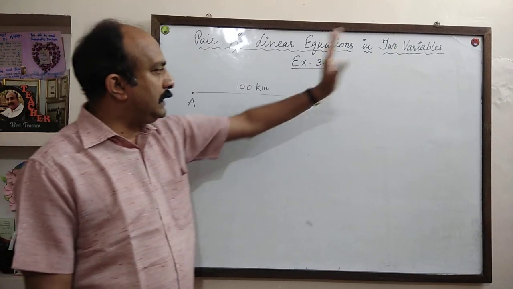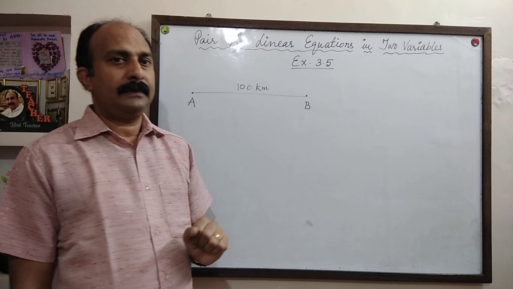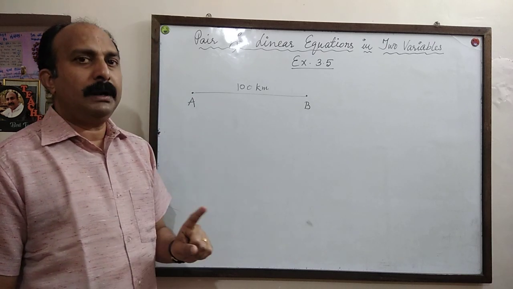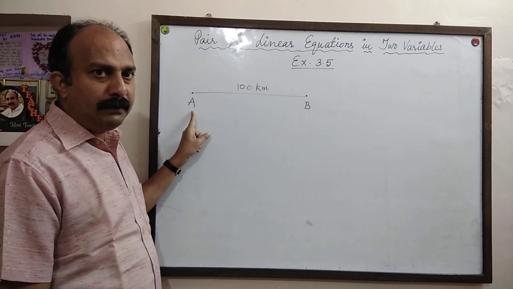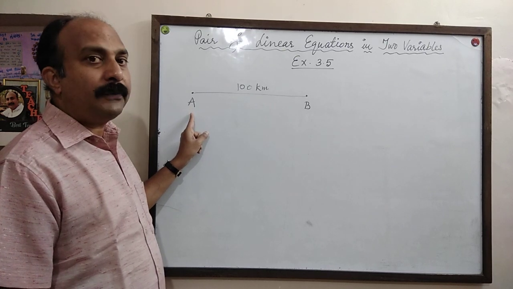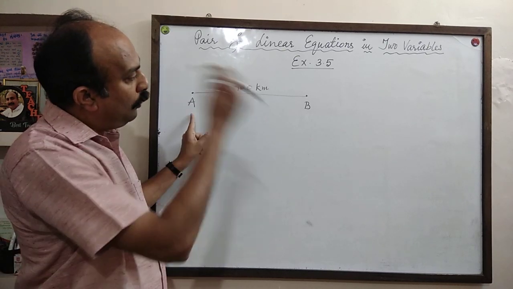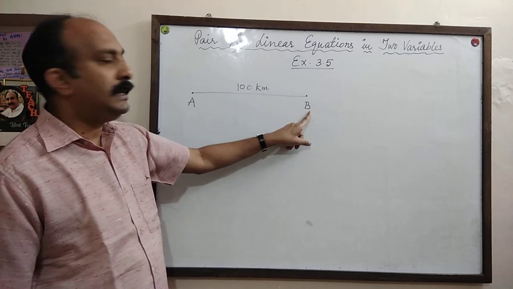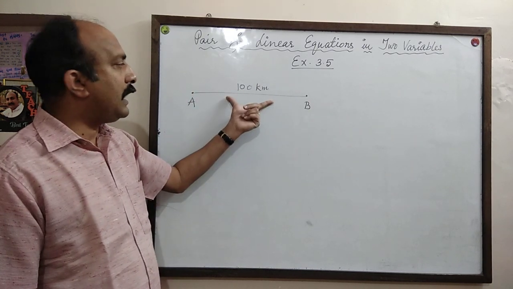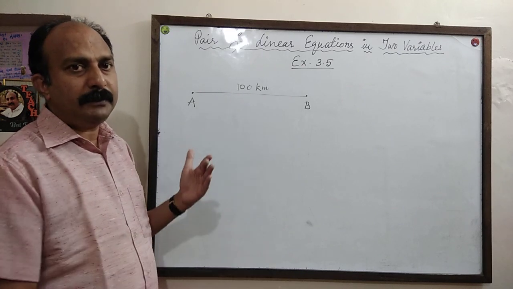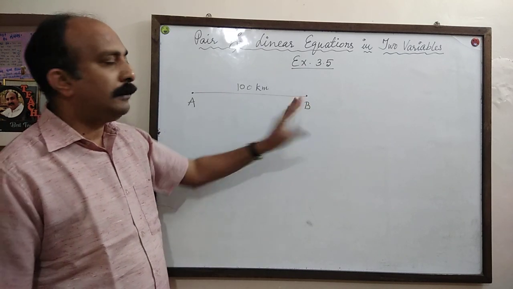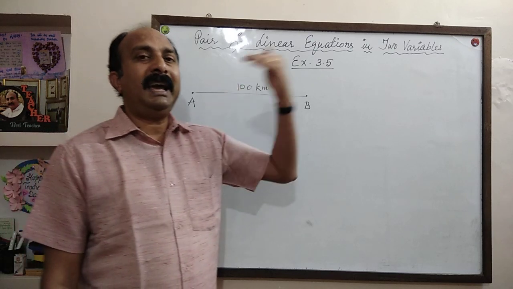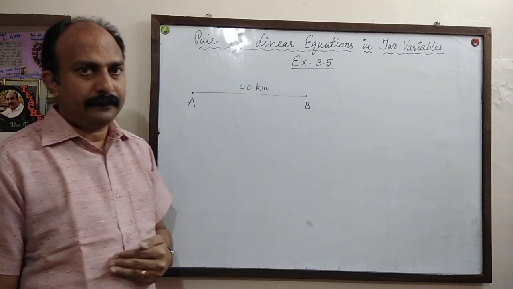Since they are meeting after 5 hours, point number 1, you must remember the speed of car A will be more than that of car B. Then only this car can meet this car, because they are 100 km apart from each other now. That means car B is 100 km ahead of car A in the beginning.